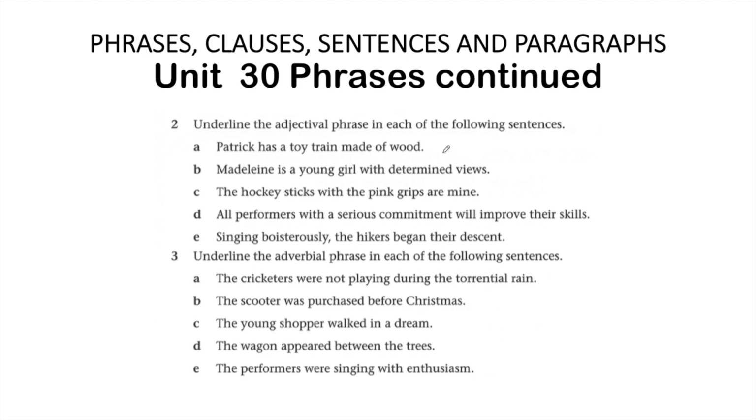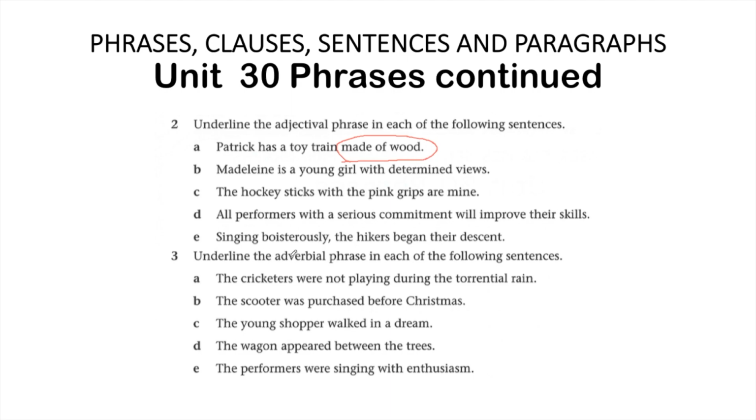So let's look at the first one. Patrick has a toy train made of wood. Now, if we're looking at something that's an adjectival phrase, it has to provide more description. And here we've got made of wood. That would be the adjectival phrase in this instance.